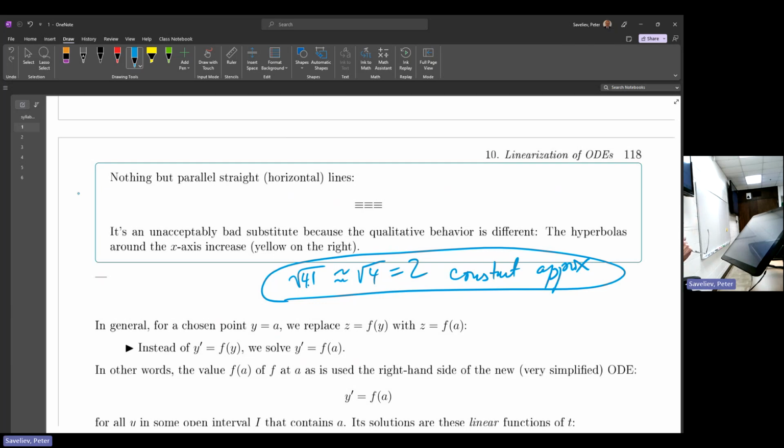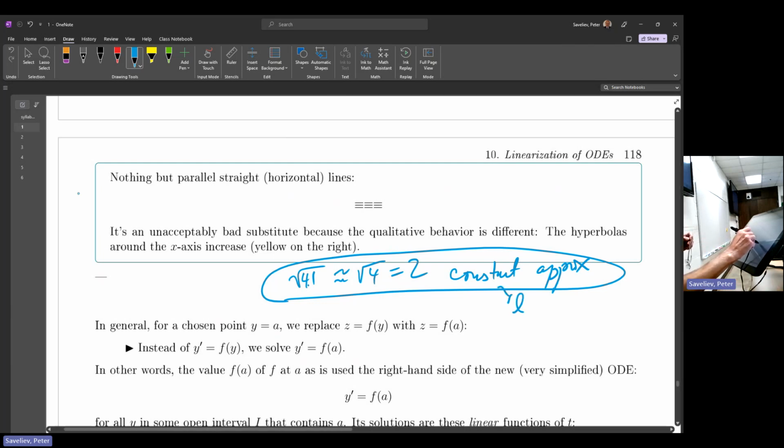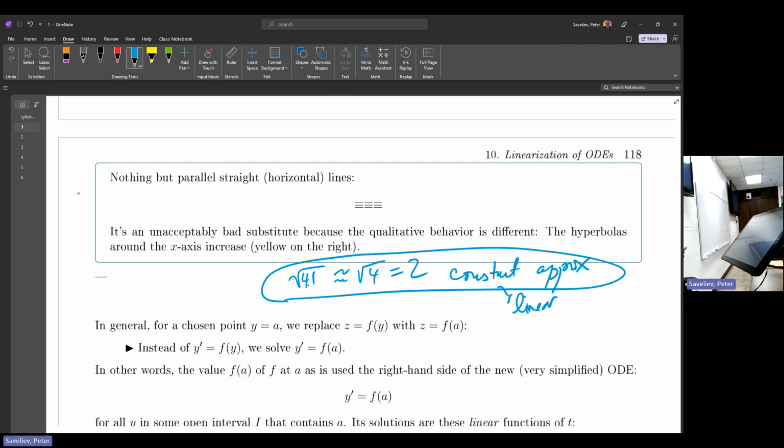Well, not like this, this is very crude. I type 4.1, it gives me 2. I type 4.2, it's still 2. 4.5, it's still 2. That's certainly not how a calculator works. So if you want more accuracy, you move on from constant approximation to linear approximation, and then the accuracy goes up by a lot. If you want to review that, it is worthwhile. And we failed for a different reason.